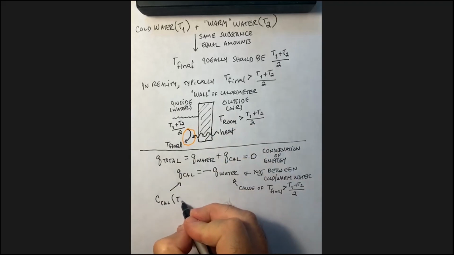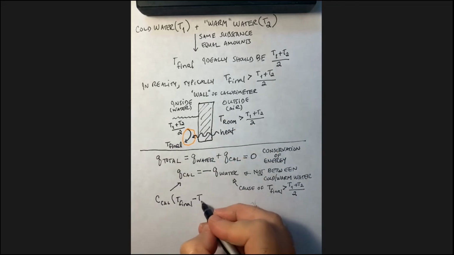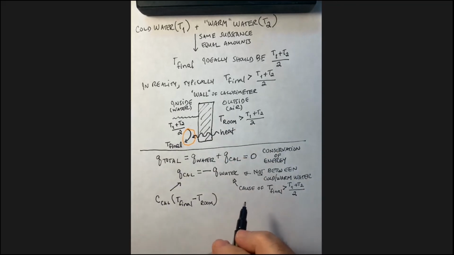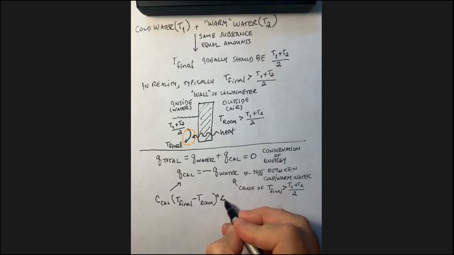So final minus initial, T final minus room temperature. Now you can already see something here. Since the room temperature is bigger, this is going to be a negative number overall. Okay, let's look at the other side of the equation. And of course, this would be in degrees Celsius over here.